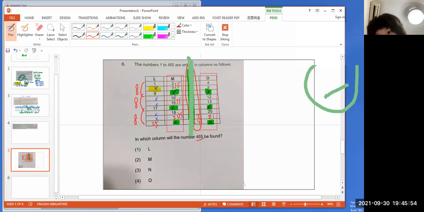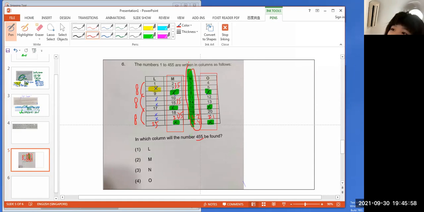Okay, so ask yourself, what do you think? You can see that this is 1, 9, 17, 25. Do you think 455 is going to be in this pattern?